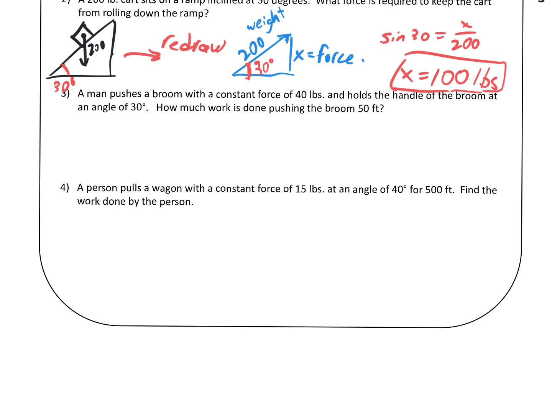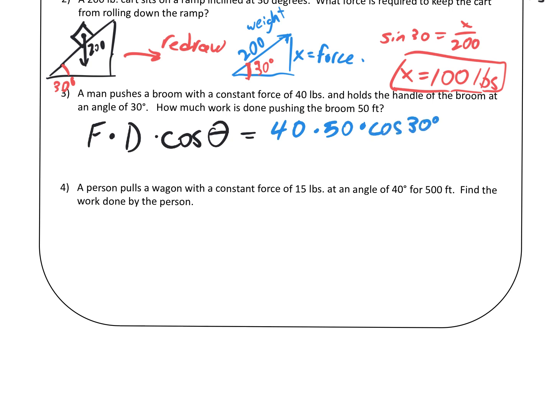Here's our basic setup for a work problem. We're going to do force times distance times cosine theta. Pretty simple as long as we fill in the information correctly. I'm going to plug this in. We have 40 pounds of force times 50 feet of distance times cosine 30 degrees.